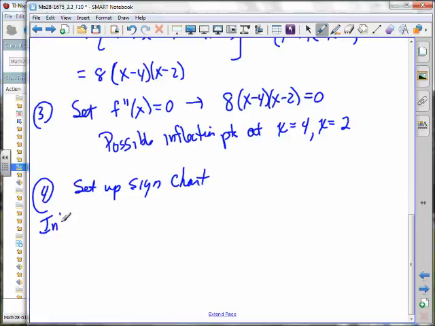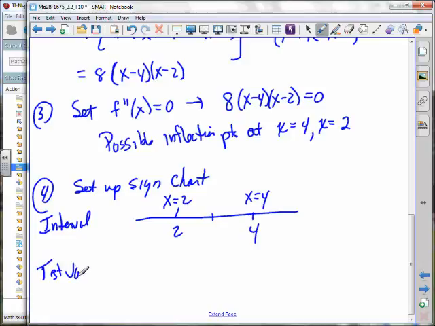So we look at the intervals. And let's see, if this is 2, there's 4. We look at a test value. And so I'm going to test x equals, now I didn't look at the first derivative.